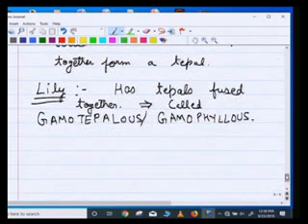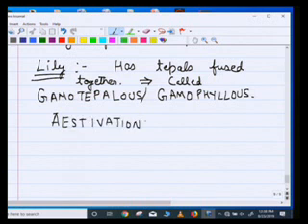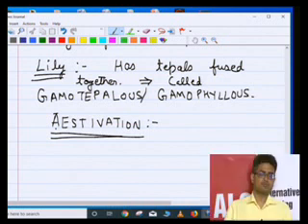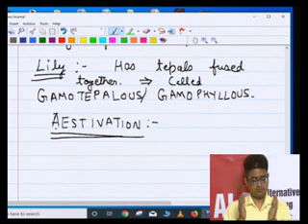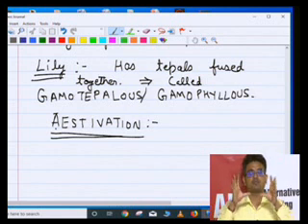This is done. Now I have to complete a condition called aestivation. Aestivation is the arrangement of the sepals or petals with respect to each other.